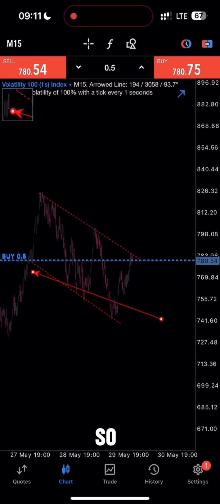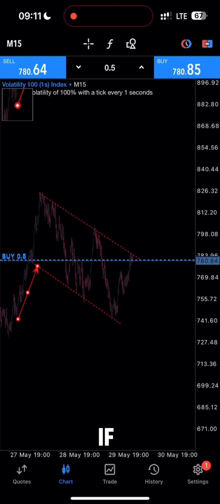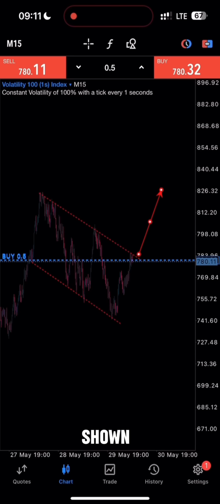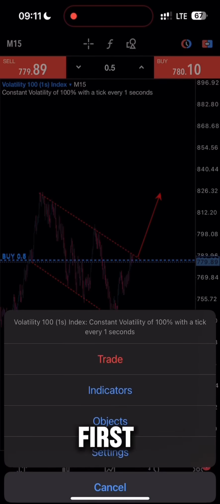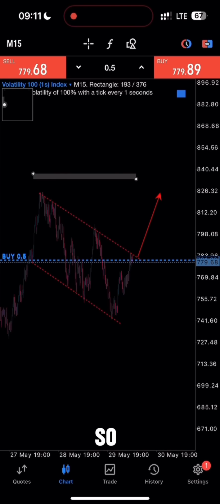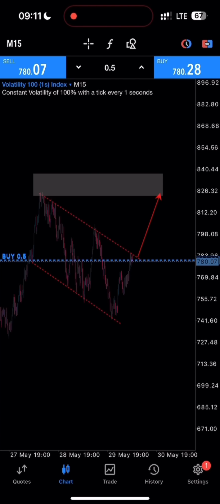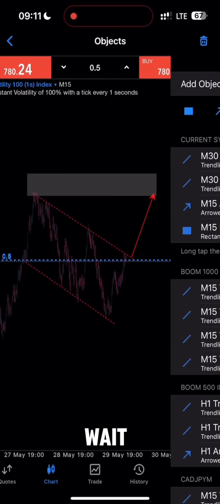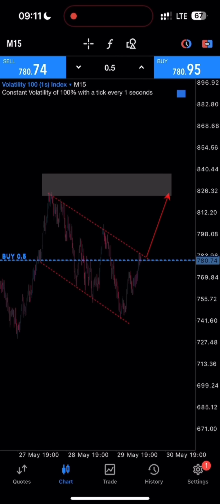That's good. So if you measure just like the previous entry that I showed you, that is the first one and the second one. So all we do is wait for the entry.